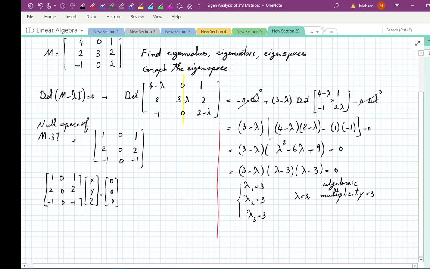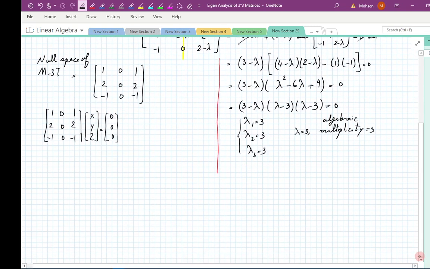Now, we can go to that software we always talked about, but you look at it: the second row is double the first row and the last row is the negative of the first row. So let's just indicate we are going to do minus 2 row 1 plus row 2 and row 1 plus row 3. It's rather obvious what's happening.